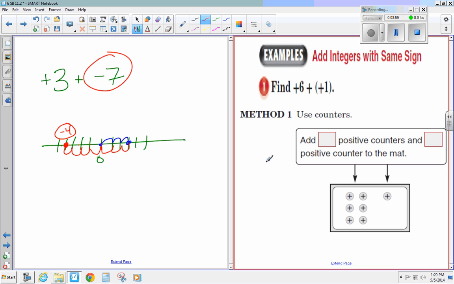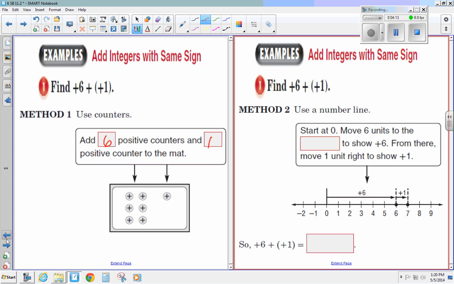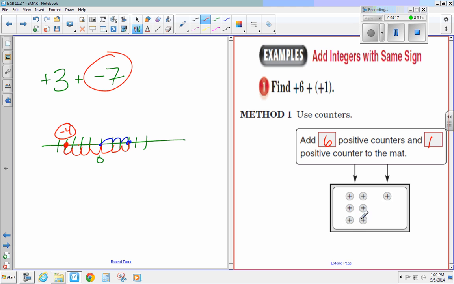So take a look at this example from your notes. Using counters, we're going to add 6 positive counters and 1 positive counter to the mat. So here's 6 and here's 1. Now, to come up with the answer, there are 7 total positive counters.